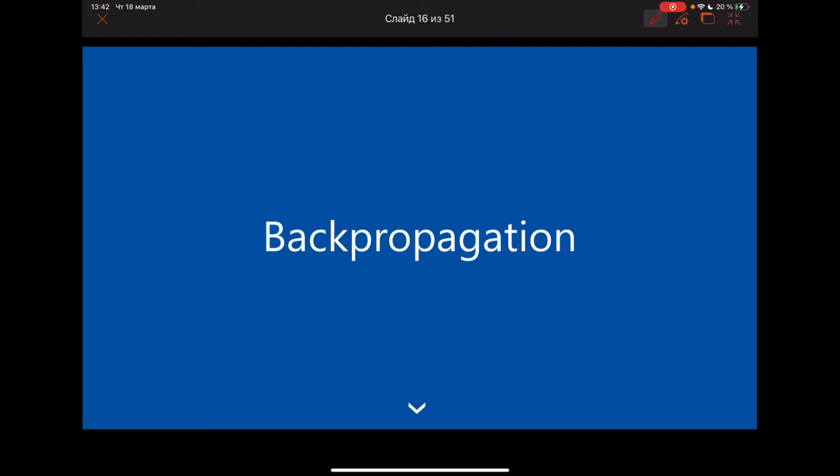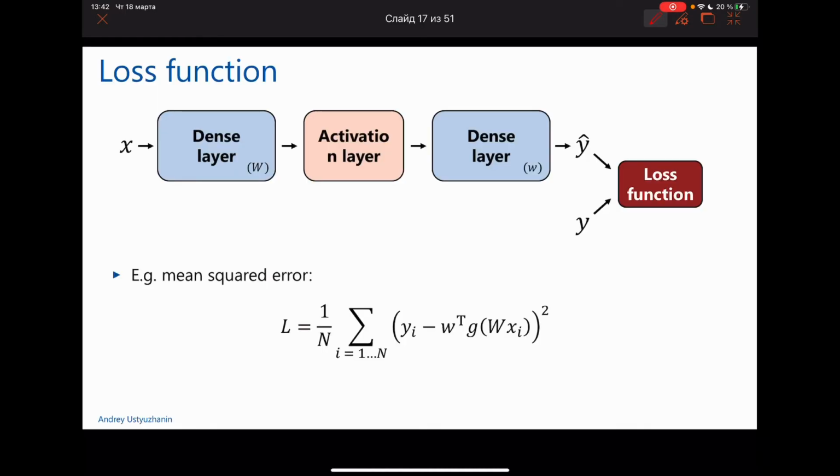Okay, so how do we train this complicated architecture? Actually, you remember what we did in the case of logistic regression or linear regression. In case of linear regression, we introduced a loss function that was representing the error that we get, and we wanted to make it as small as possible. In case of logistic regression, we introduced a maximum likelihood, and we wanted to make it as high as possible.